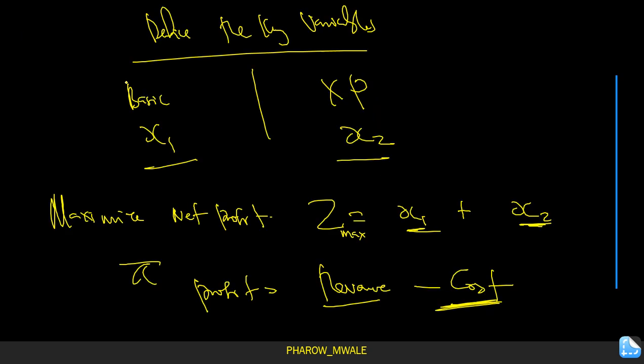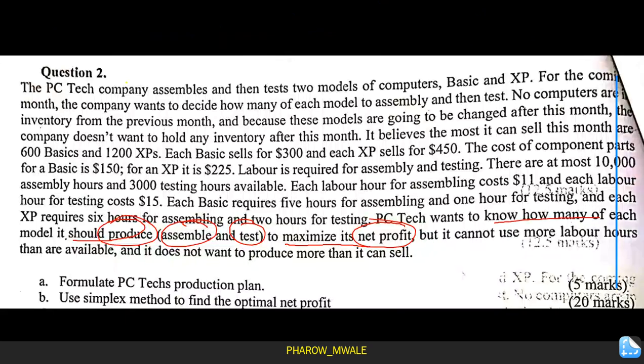Now if we go back to the question and read the question, it is clear. What is the question telling us? The PCT company assembles and then tests two models of computers, basic and XP. For the coming month, the company wants to decide how many of each model to assemble and then test.